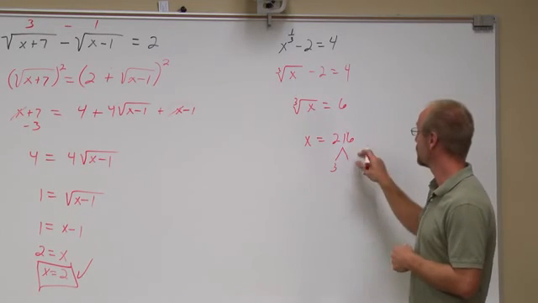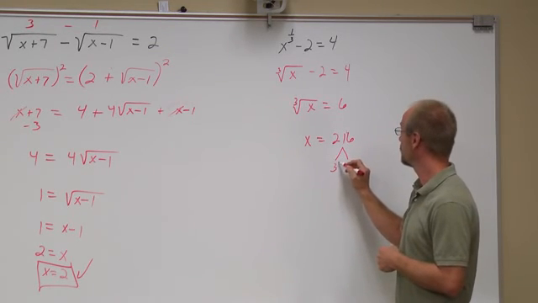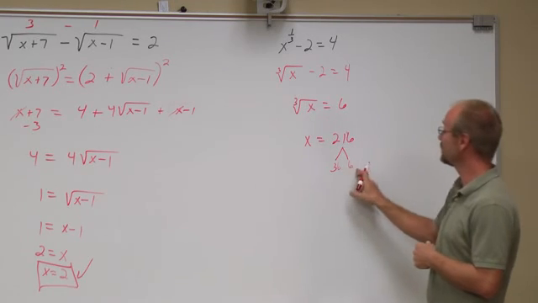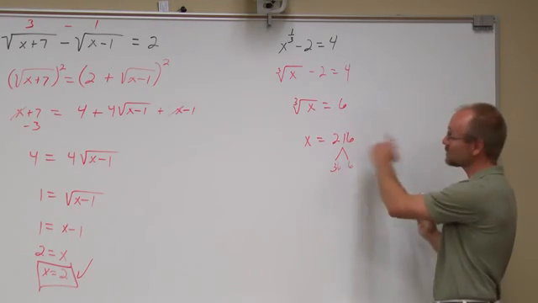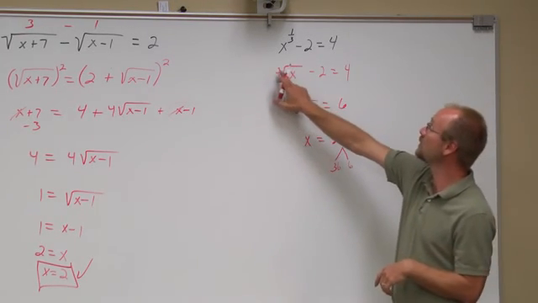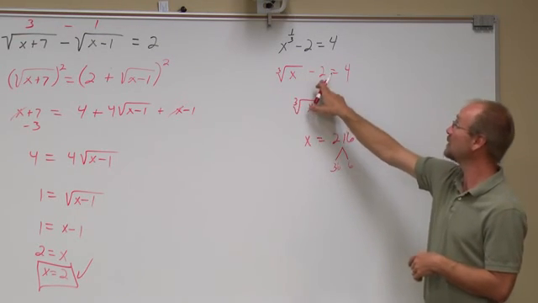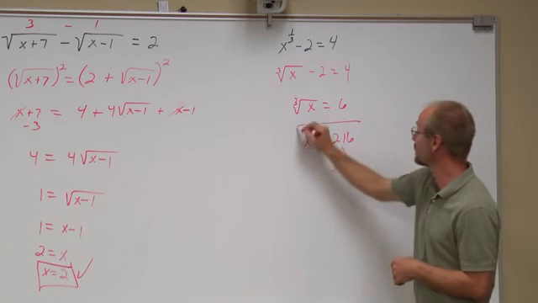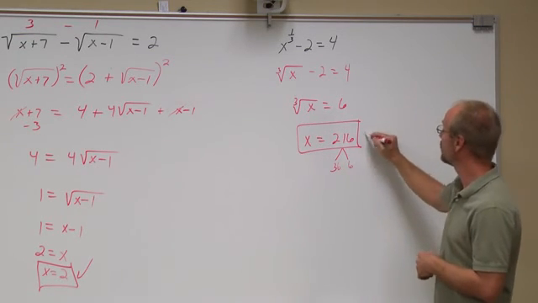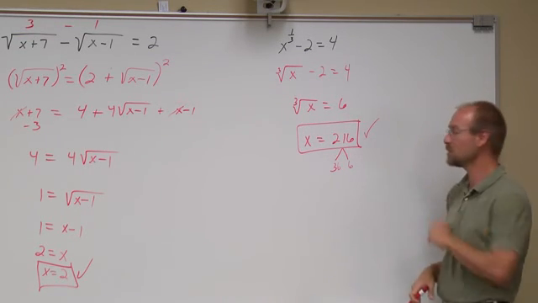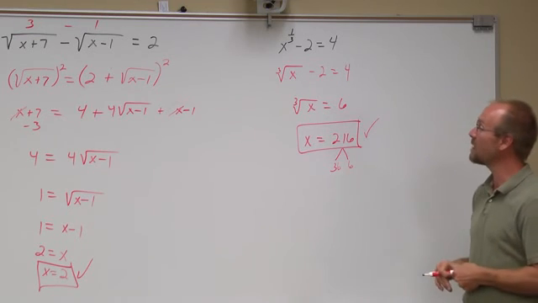And 6 goes into 36 6 times. So, yeah, 36 and we know that this is 2 factors of 6, so sure enough, it's 216. So the cube root of 216 is 6. 6 minus 2 is 4. So we checked it. We know that this works. Kind of a weird way to check it, but that's sometimes the way I do my math.